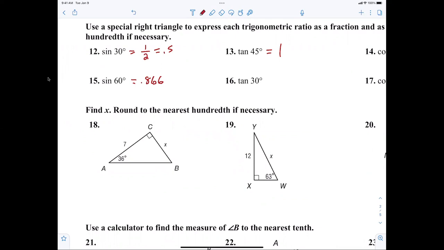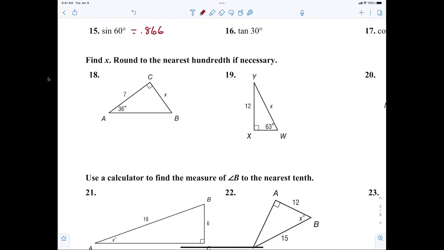All right, now please look at 18. Look up, look up, look up. There are 3 things that are going to be given, or that you need, I should say, and they're going to give you 2 out of 3. So what's the relationship between 36, x, and 7?